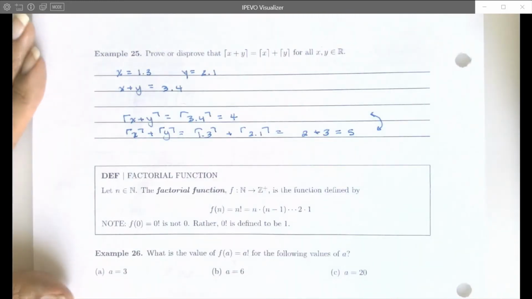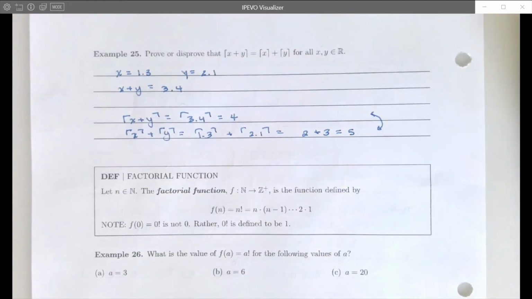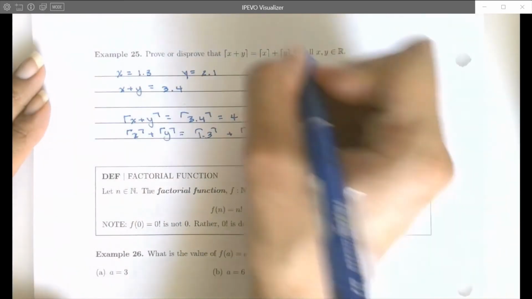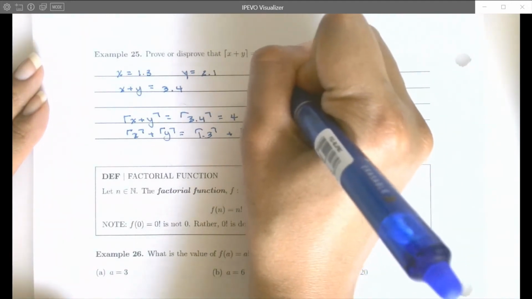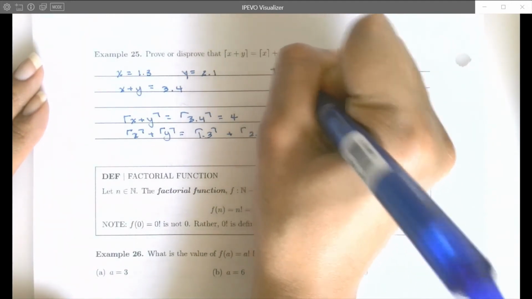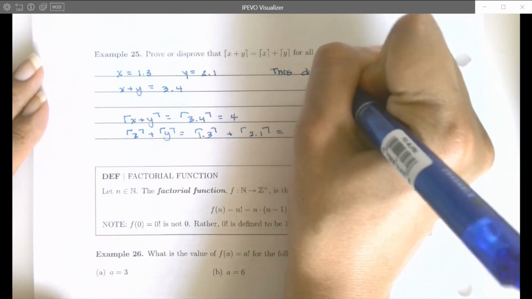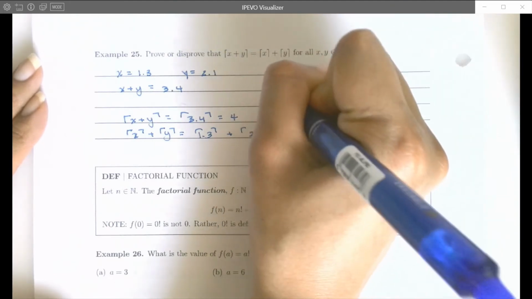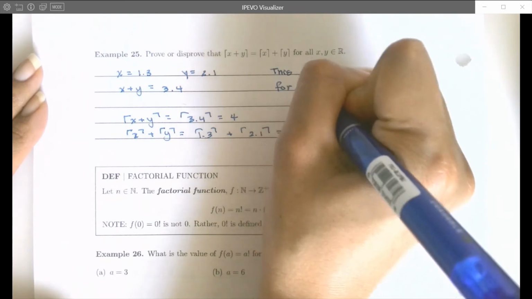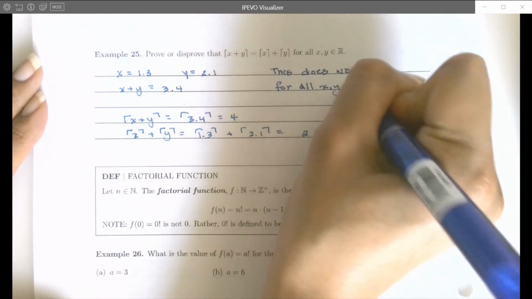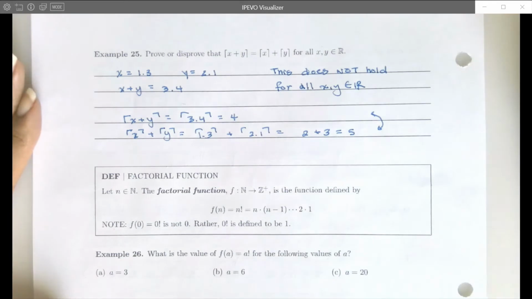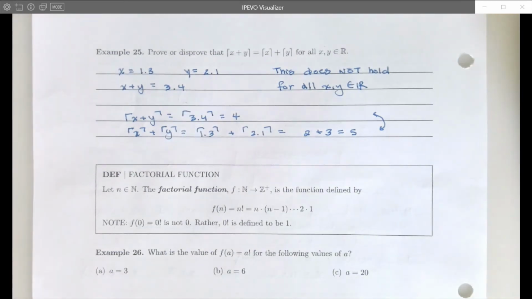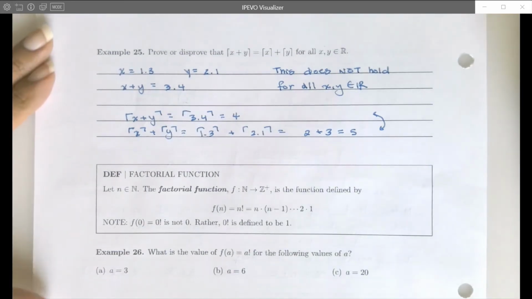And so here we can see that they're not equal to each other, so therefore this is not a statement that holds for every real number. Okay, so that is our counterexample.